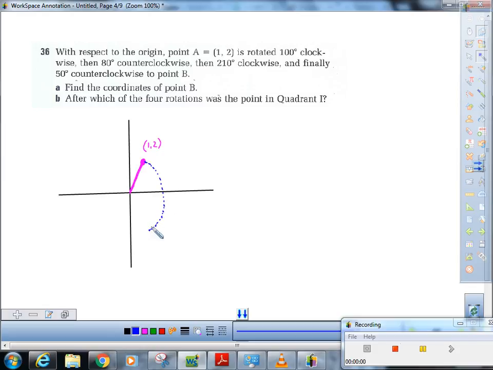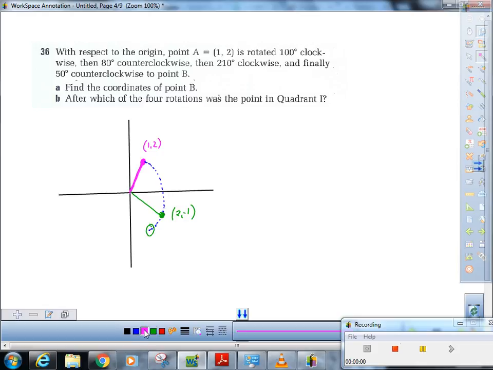Let's see. Well, here's how I want you to think about this, Bethany. If it was rotated 90 degrees clockwise, it would be right there, which would actually be the point (2, -1). Okay? So, this is where it ends up after the first rotation.